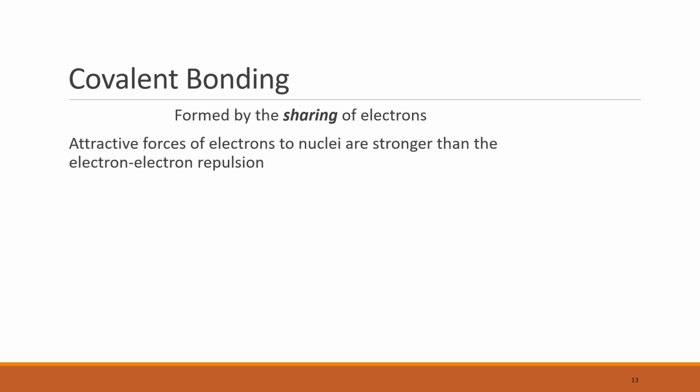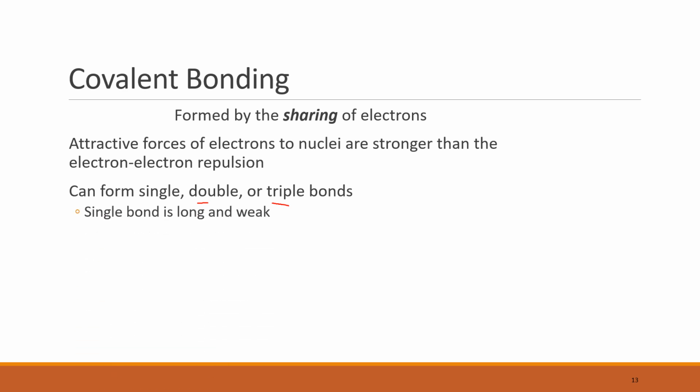So those electron clouds are going to be repelling each other. But the attractive forces need to outweigh the repulsive forces. Now, in covalent bonding, we're not just going to see single bonds. We are sometimes going to see double bonds or even triple bonds. In this course, we're not going to see any higher than triple.